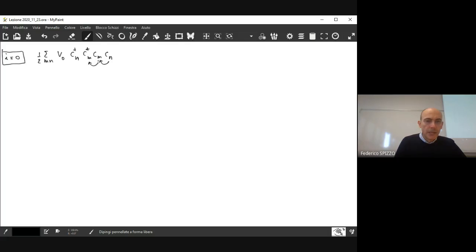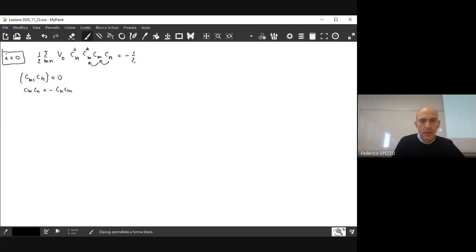The first thing we need to do is to exchange this Cn with Cm. If we consider the anticommutator, it is 0, so we have that Cn is equal to minus Cm. So we may replace Cn with Cm just by adding a minus sign in front of the summation.